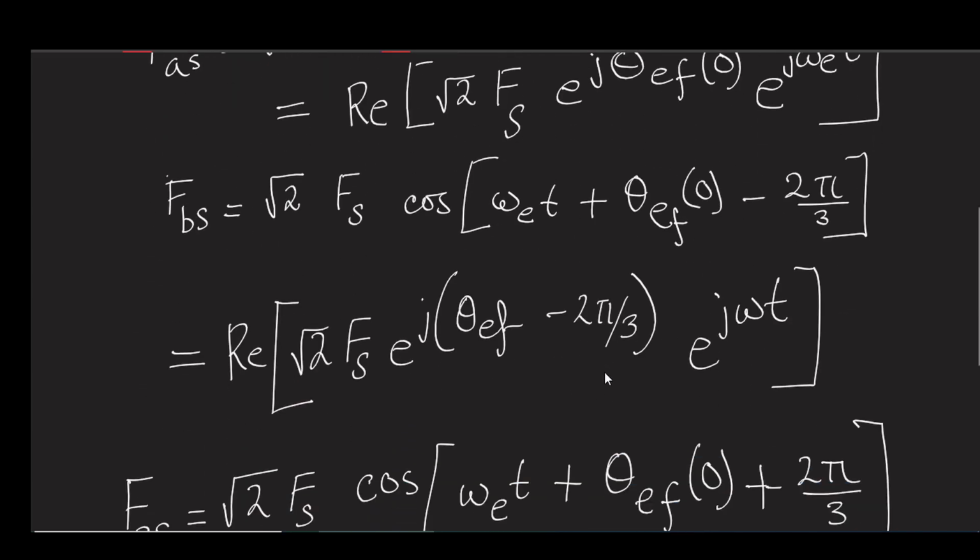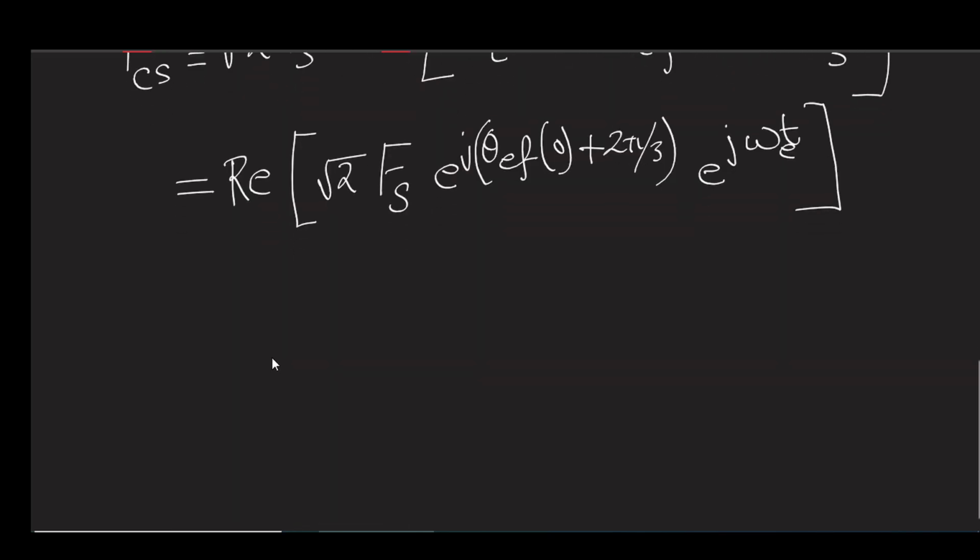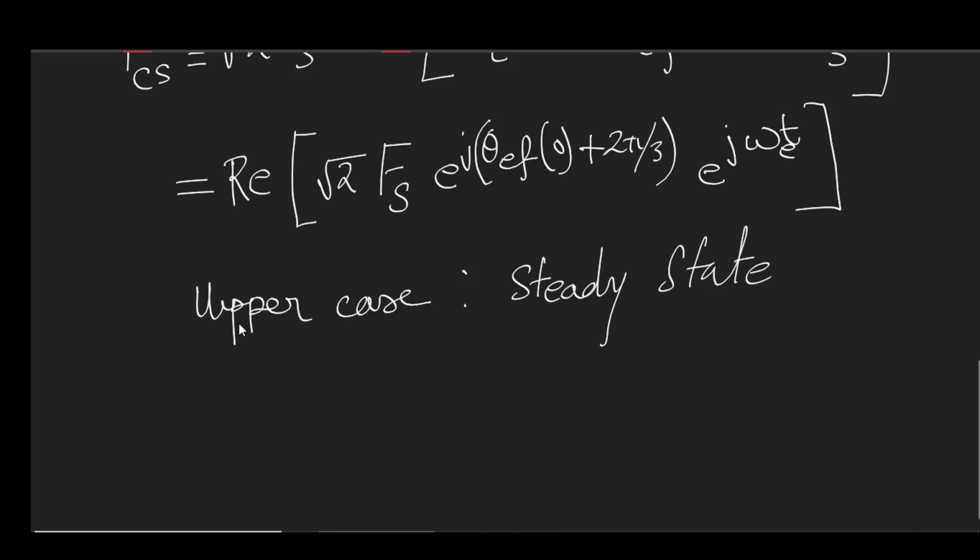Okay, sorry, here this one should be e^(j omega_e t). That is the speed of synchronous frequency. Now, these uppercase letters, we generally use uppercase letters for steady state, and lowercase for instantaneous value.